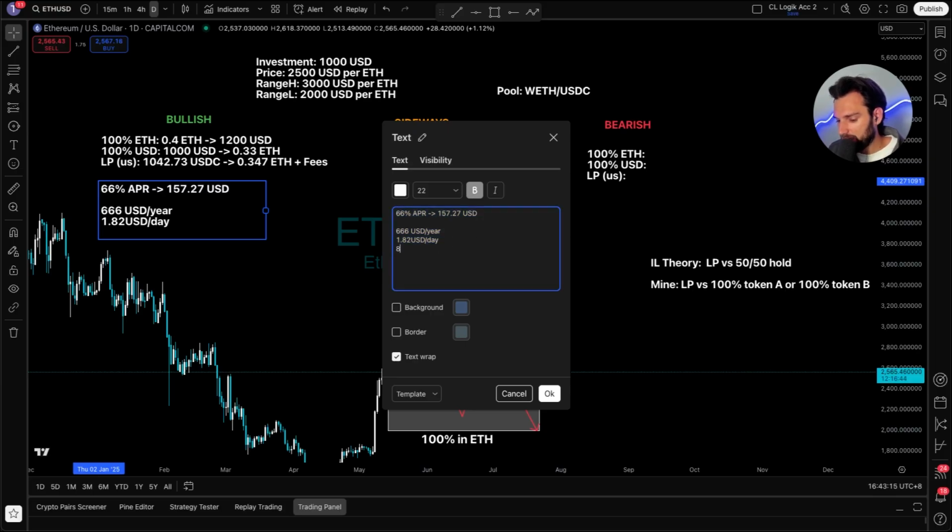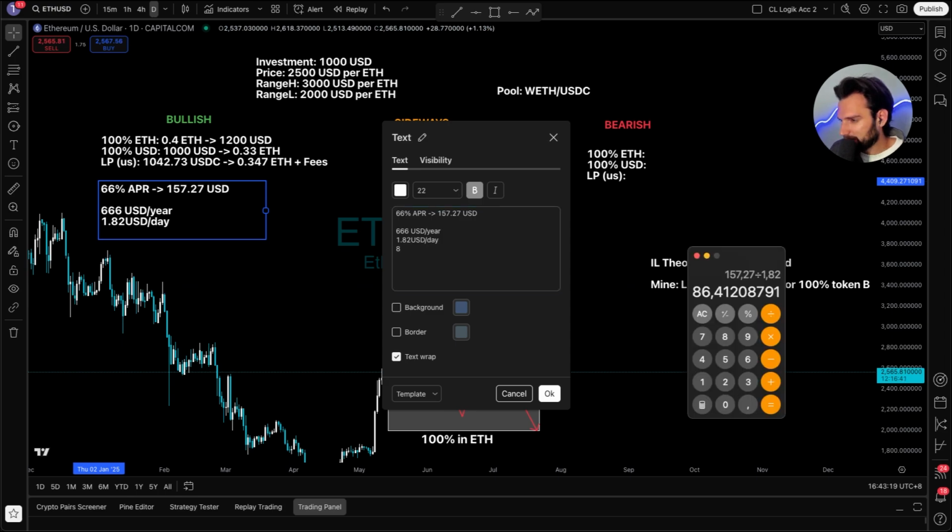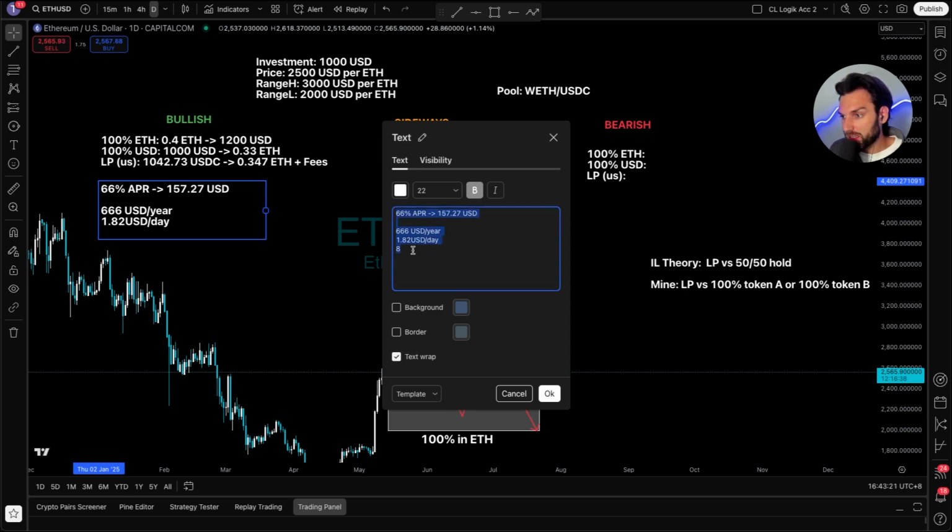So we need 86 comma something. So to make it up would be 87 days in range to win. And that would be 87, a few months. Let's say 3 months, right? Beautiful.